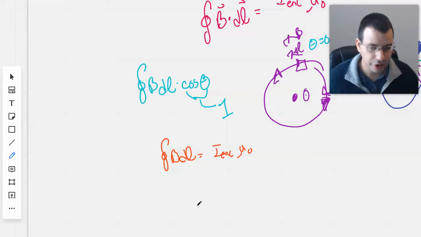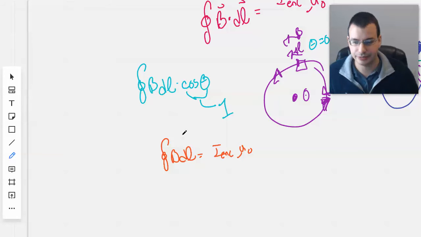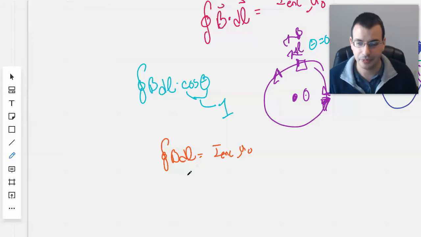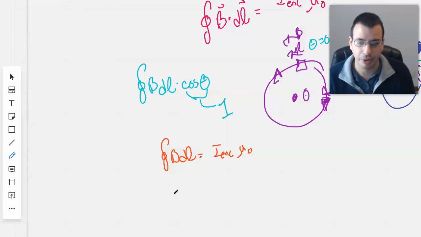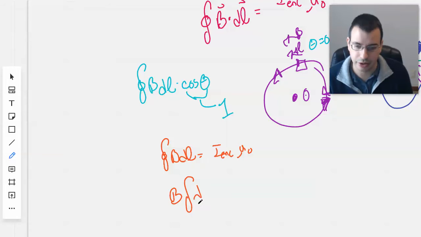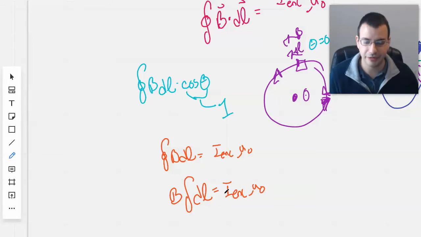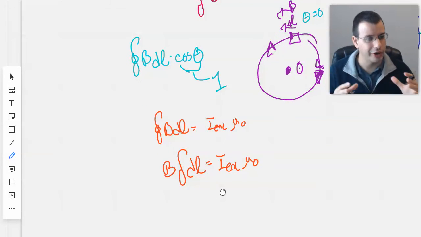And now that we have this, we can see that the magnetic field B is constant along this circle, and so we can pull it out. So we got the integral of B dl equals I enclosed mu naught. Now, even though the magnetic field is constant, we don't really know what it is.